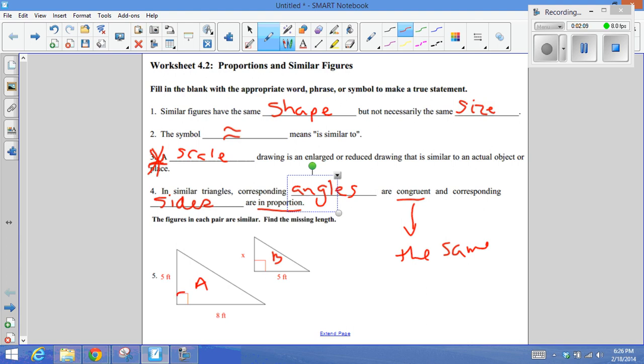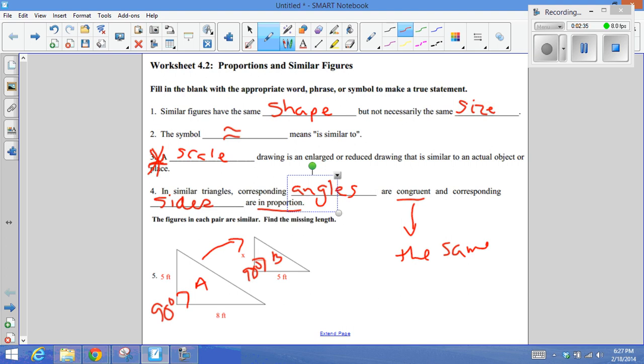So notice that this triangle has a right angle and this one has a right angle. A right angle is 90 degrees. And this one is 90 degrees. So even though this triangle is smaller than the first triangle, I still have a 90-degree angle there. That doesn't change. Just because I make the triangle bigger or smaller, my angles are still going to end up being the same.